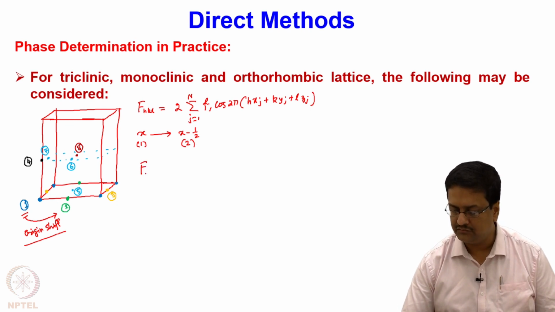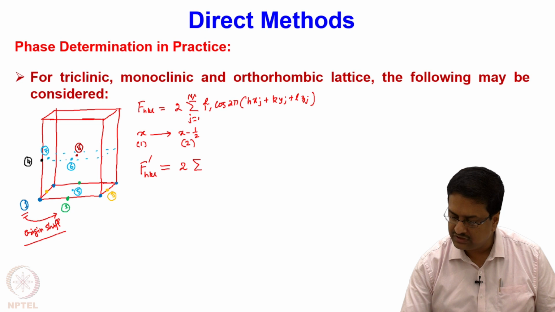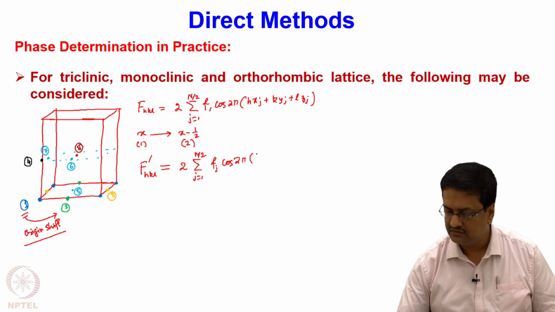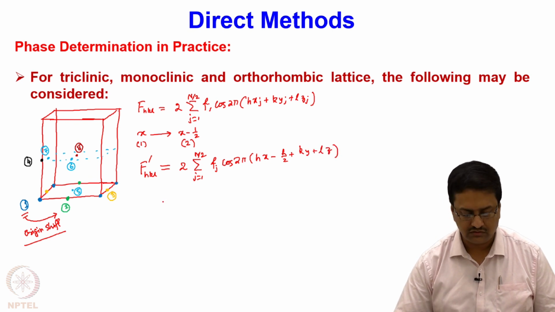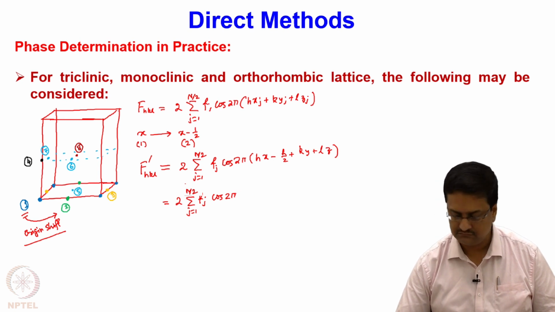So in that case, the modified F_HKL, that is F_HKL prime, should be equal to 2 times the sum over j equal to 1 to n by 2 of Fj cos 2 pi (Hx minus h by 2 plus Ky plus Lz), or that can be written as 2 times the sum over j equal to 1 to n by 2 of Fj cos 2 pi (Hx plus Ky plus Lz) minus pi h.